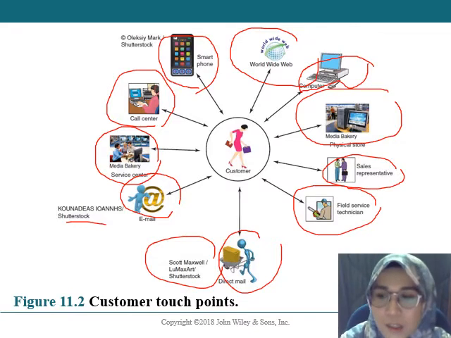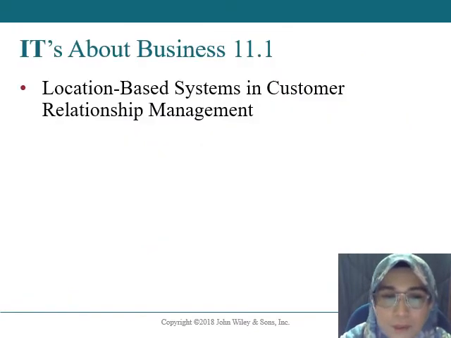Okay, so next let's proceed with the business about the location-based system in customer relationship management. So this one is actually the process or the system based on tracking where they track their customer.